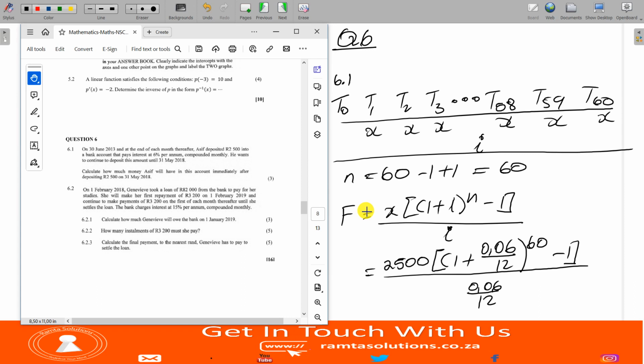If you are right, you should get 174,425 rands and 8 cents.